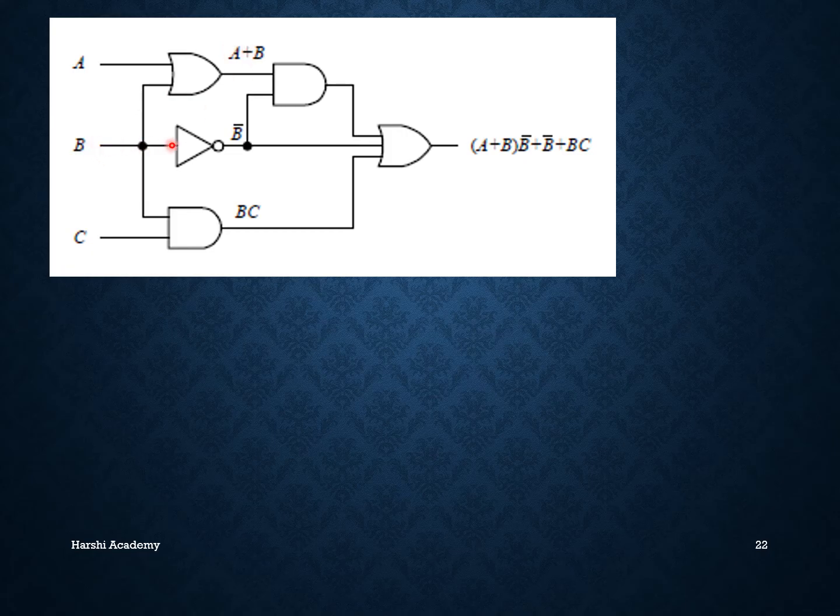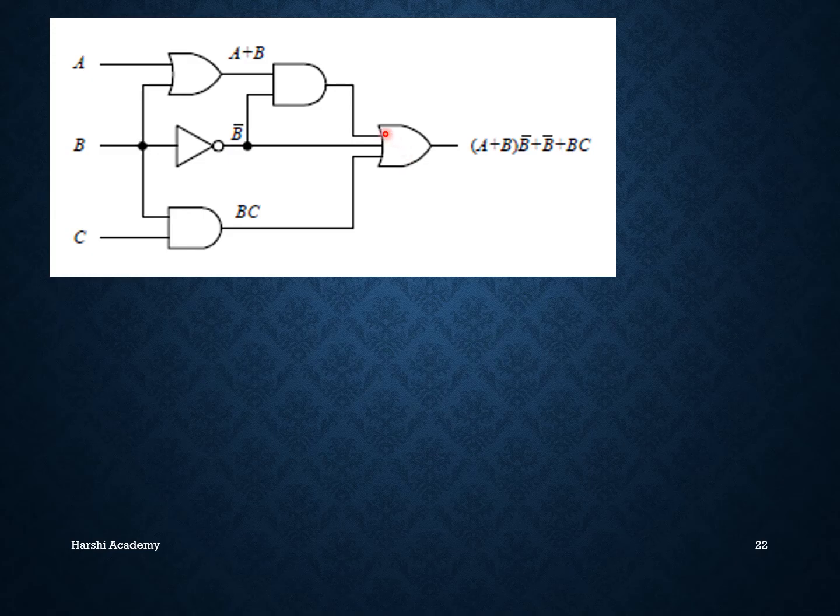Now B, then the output is B bar. Then C, this is an AND gate, then the output is B dot C. Now the output of this gate is A plus B dot B bar. Then this is a 3 input OR gate.